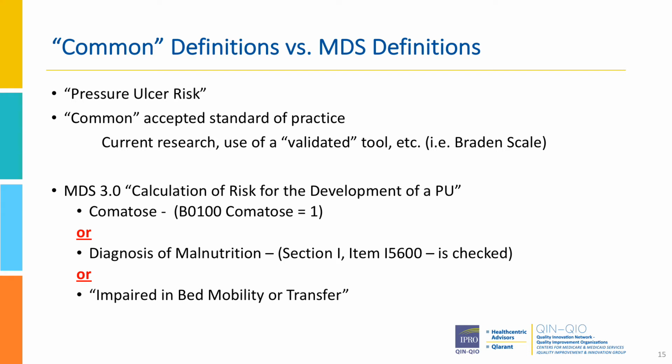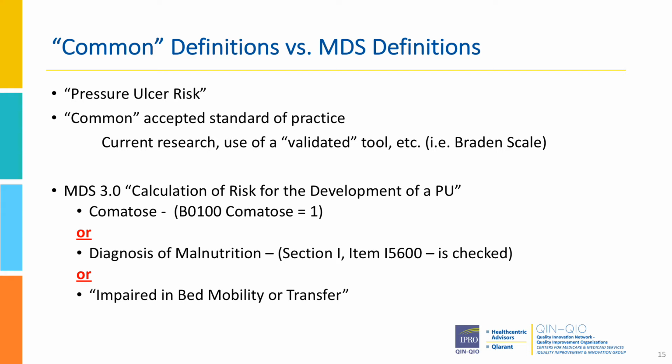Even though there is a question, specifically M0100, on the MDS related to the facility's determination of risk, asking about the use of any formal assessment instrument or tool, and then a follow-up question as to whether the resident was found to be at risk, specifically M0150, simply put, the answers to those two questions don't really go anywhere.